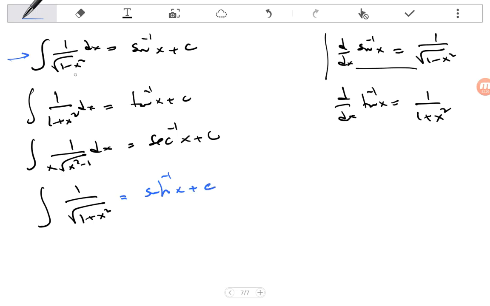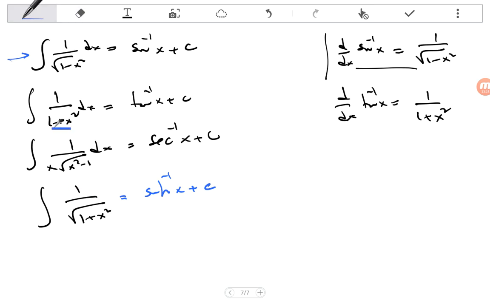Okay, I may write it like this. If I put a positive here, for the blue, I will get sinh inverse. If I had a negative, which is black, I will get sine inverse. Okay? But I'll just erase it so I don't make any confusion.